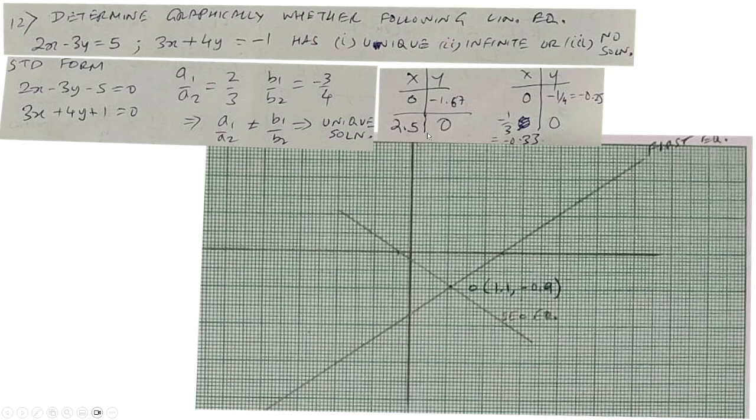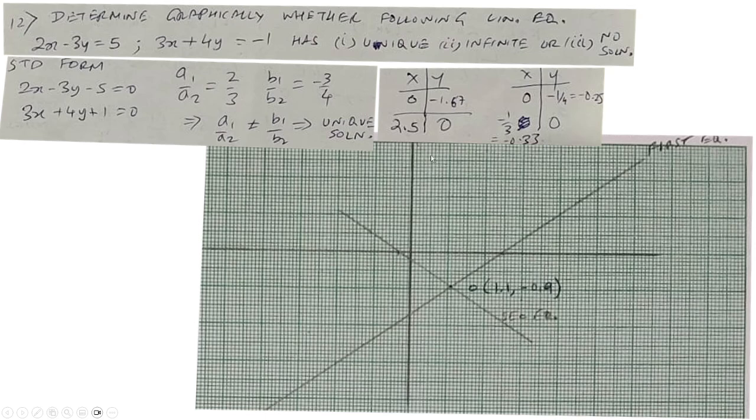The first line goes through, when x is 0, y is minus 1.67, somewhere here. And the second point is 2.5 comma 0, so this point.